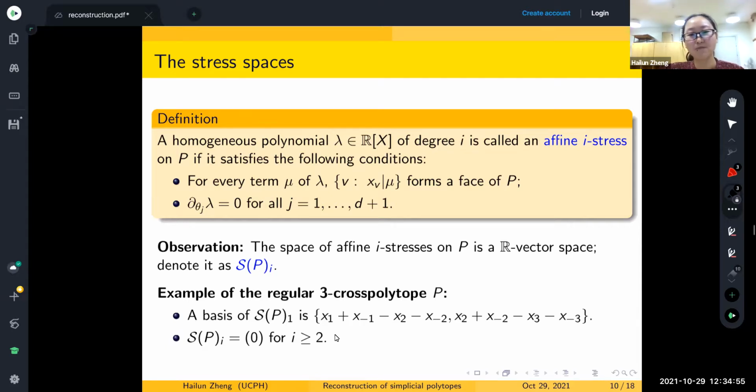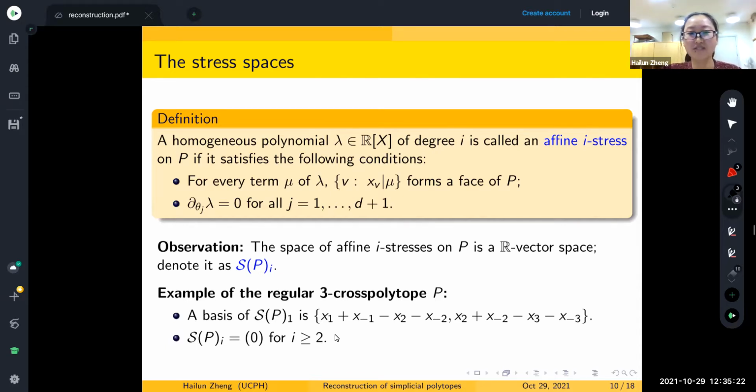So when you look at the spaces, you see that there's nothing special. It's just affine dependencies on the vertices of the 3-cross polytope, right? Because remember that a regular 3-cross polytope has vertices plus or minus e_i. So somehow the basis of affine 1 stresses is just about affine dependencies. This is in general also true.